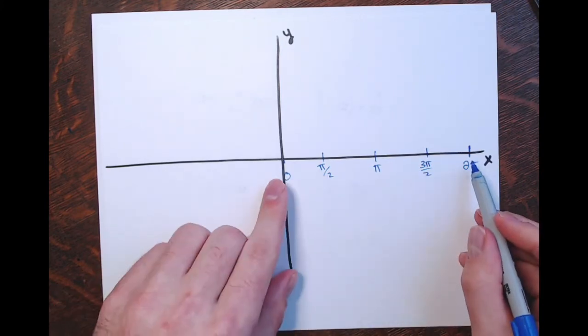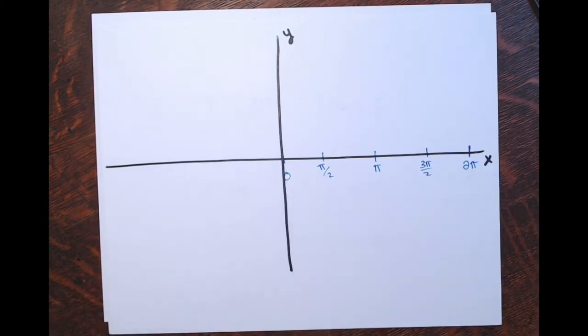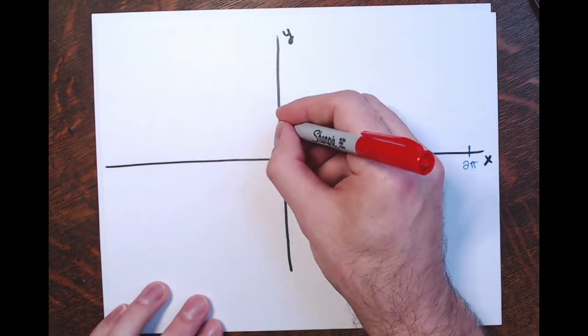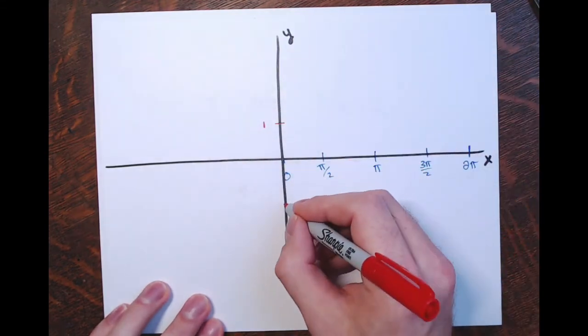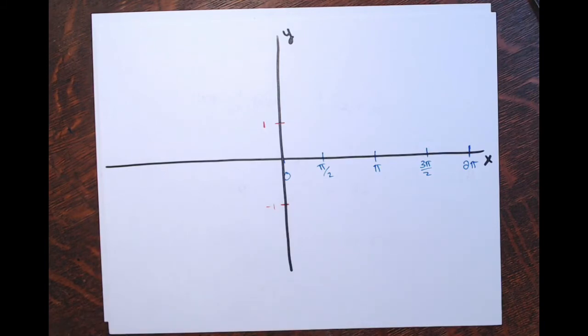Now you're going to see this is one cycle here. And here's 1 and -1. And what I'm going to graph here first is the cosine function.